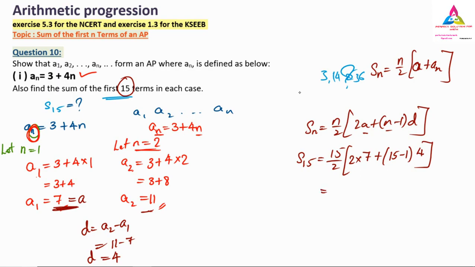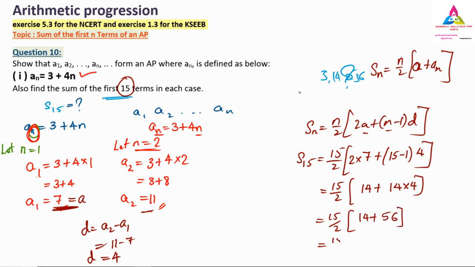Next, we can't cancel this 15 and 2, so 15 by 2 as it is. 2 sevens are 14, I can write that down. Next, plus 15 minus 1, that is also 14, into 4, since the d value is 4. 15 by 2 as it is, 14 plus 14 fours. 14 fours are 56.